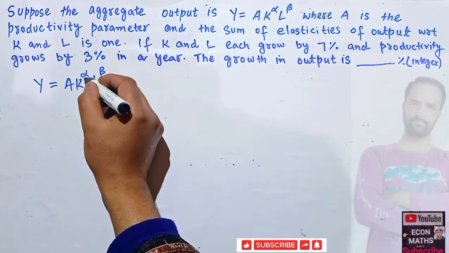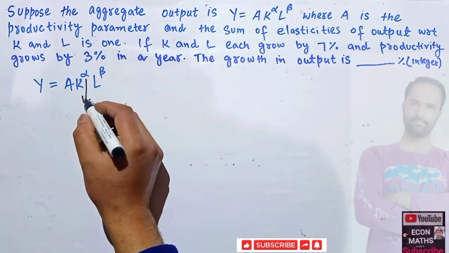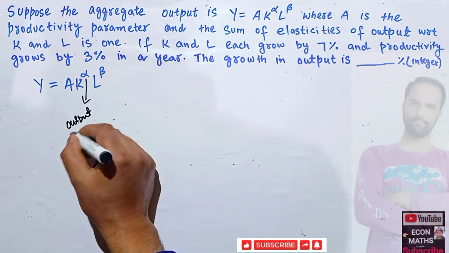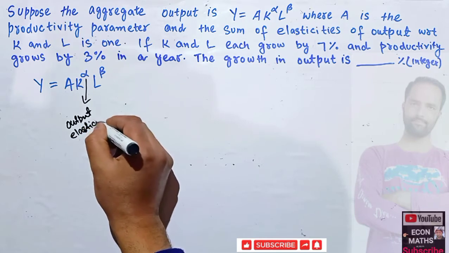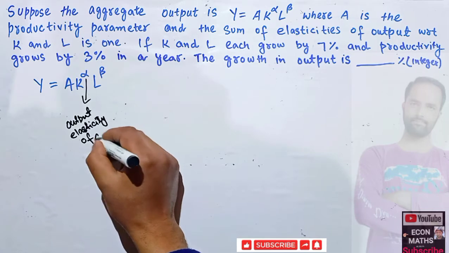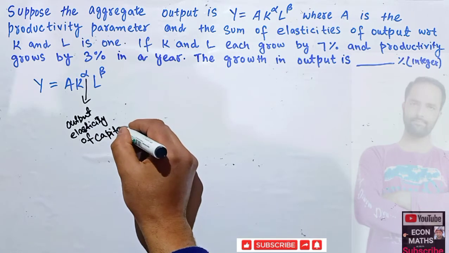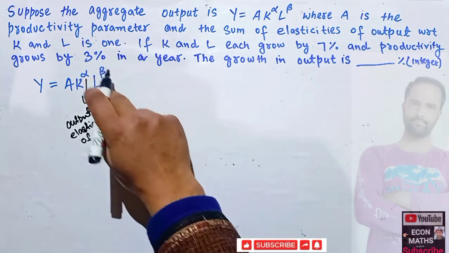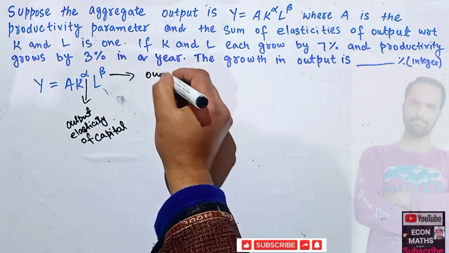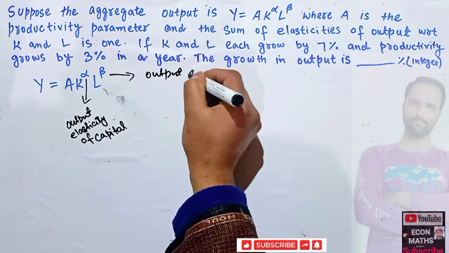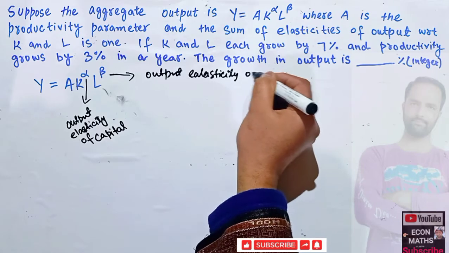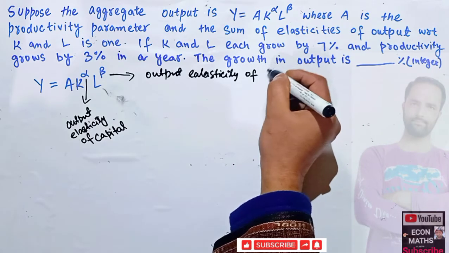This alpha denotes the output elasticity of capital. This beta, the exponent here, is our output elasticity of labor.